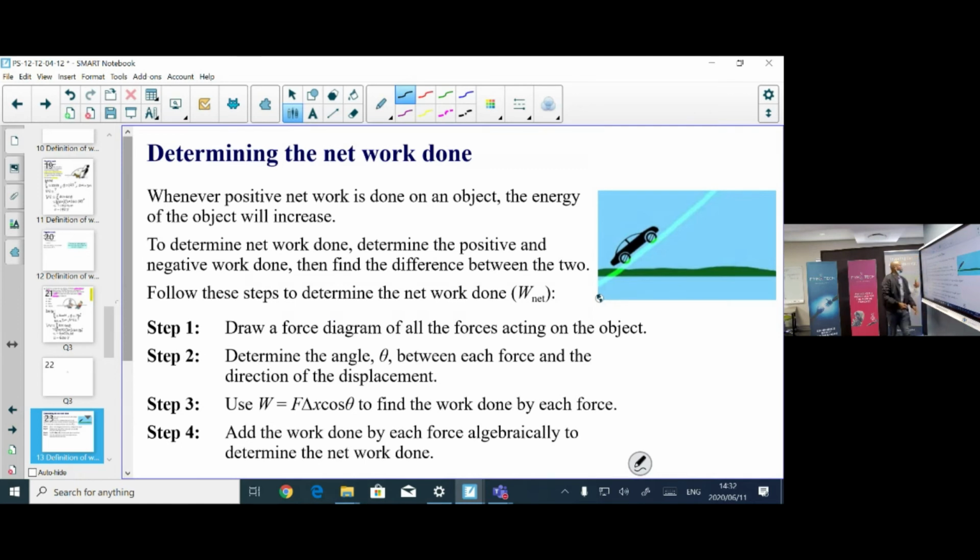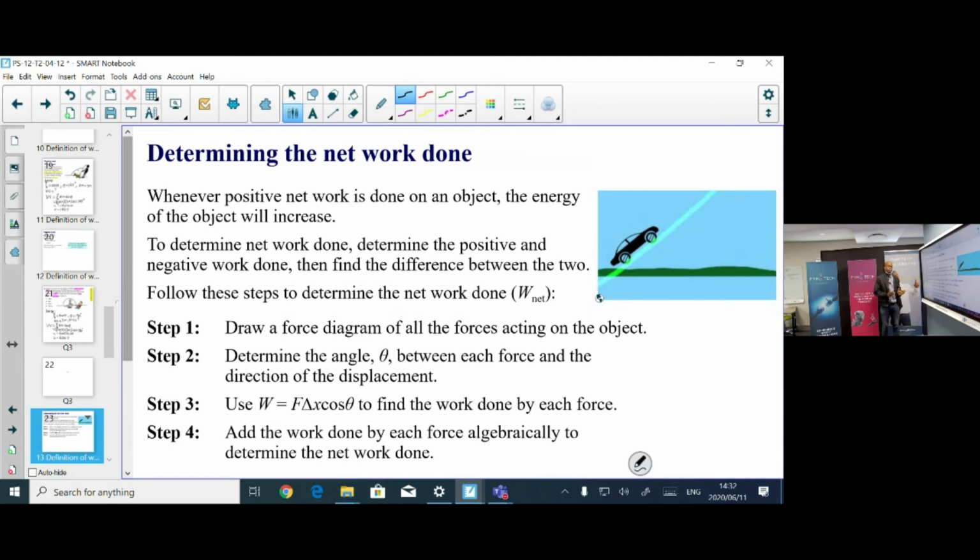All right. Whenever positive net work is done on an object, the energy of the object will increase. In other words, the car or any object will keep on increasing speed. To determine net work done, determine the positive and negative. Like I said earlier, we're just going to have forces.